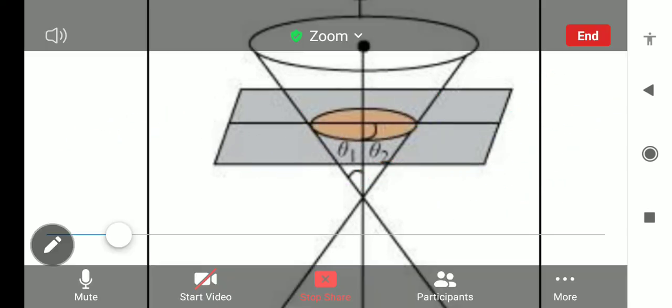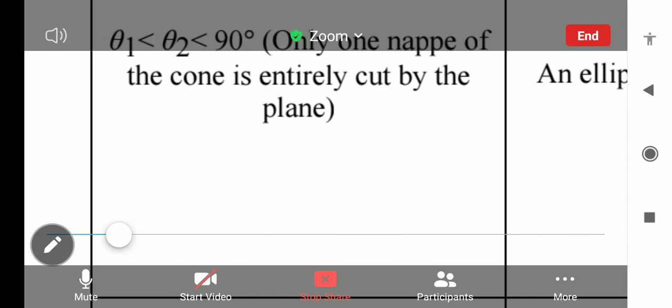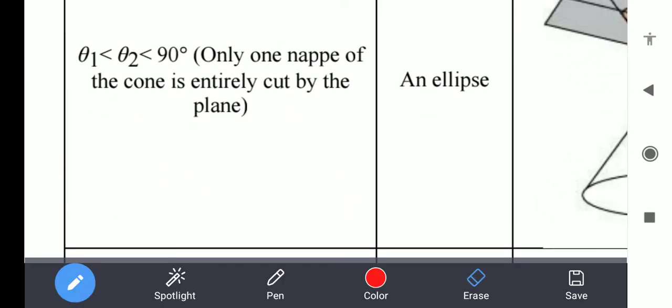Okay, second case. If theta 2 is equal to 90 degree, then in this case a circle is formed.